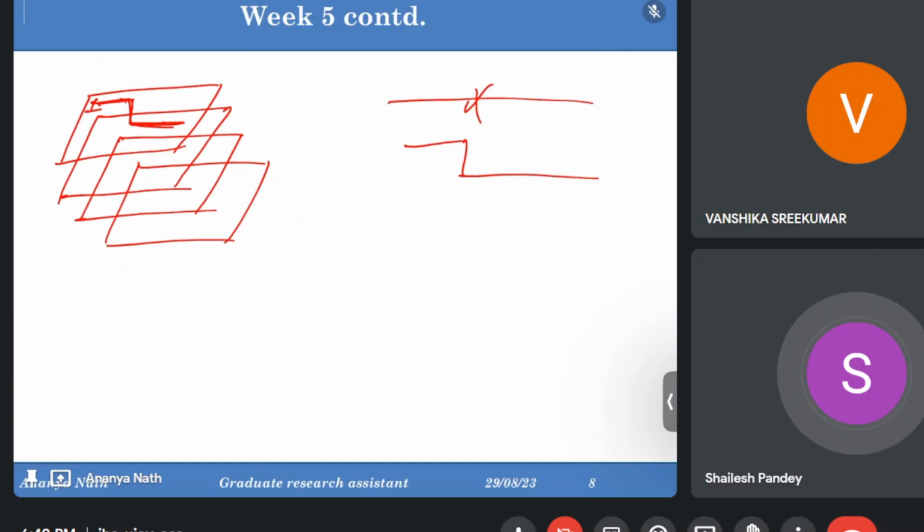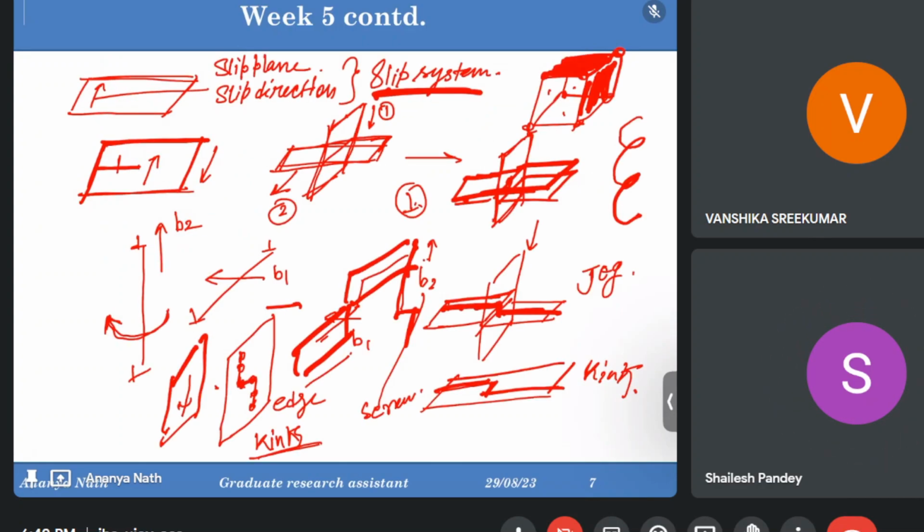Ma'am, how has this jog formed in screw dislocation? Okay, so it depends upon the energy associated with the dislocations which are moving and also which are interacting. We cannot say that if the energy of the dislocation is higher, then only it will form jogs, even though for jogs it needs to come down to another plane.